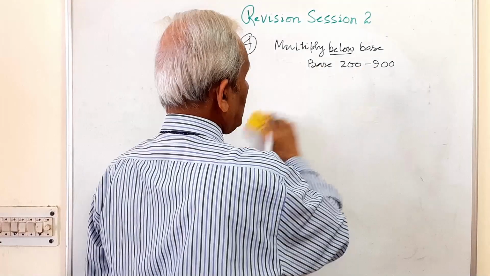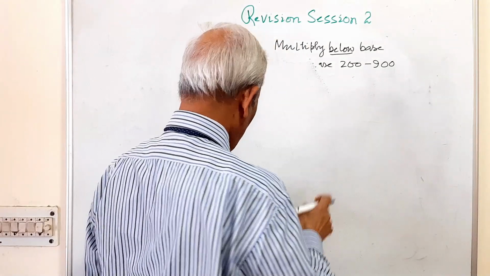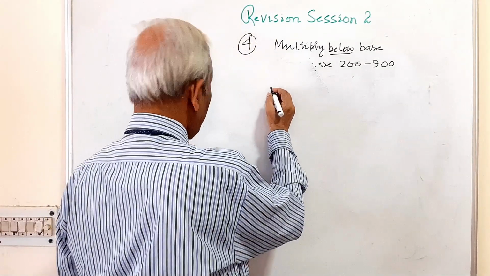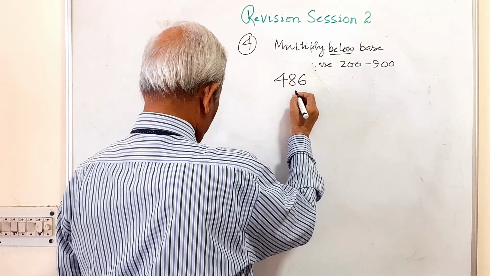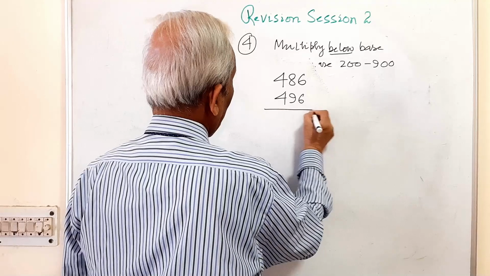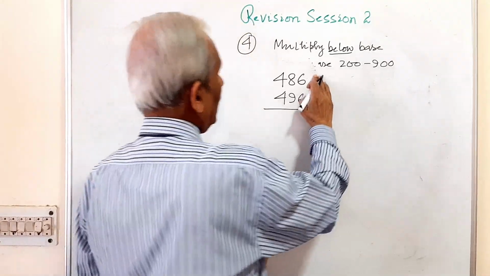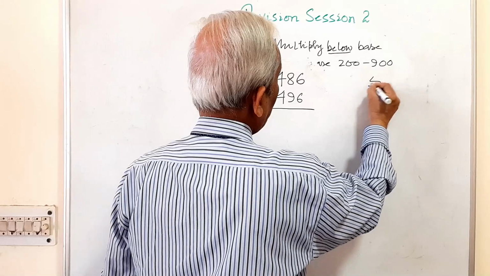The next question is 486 into 496, right? Here the base is how much? 500.